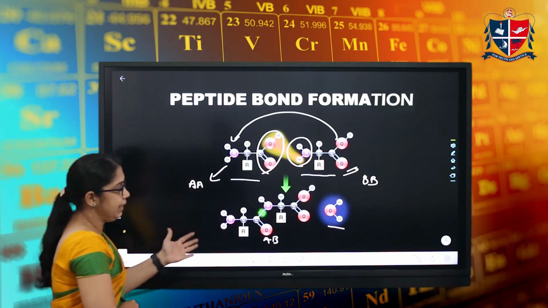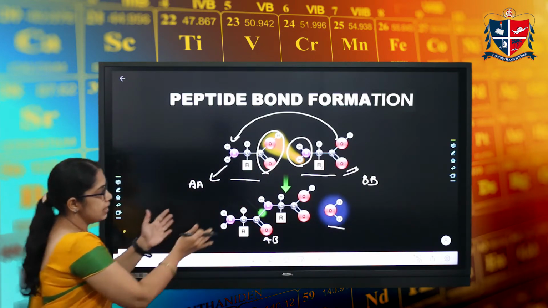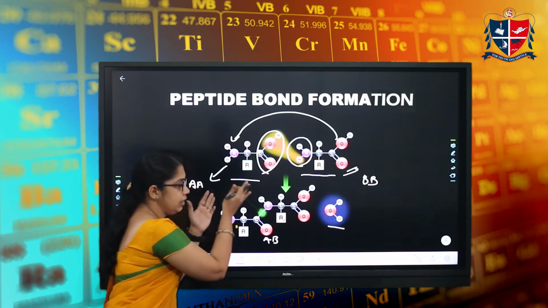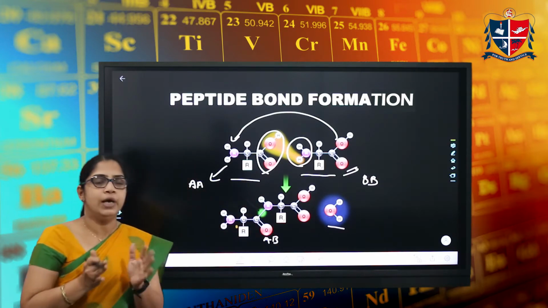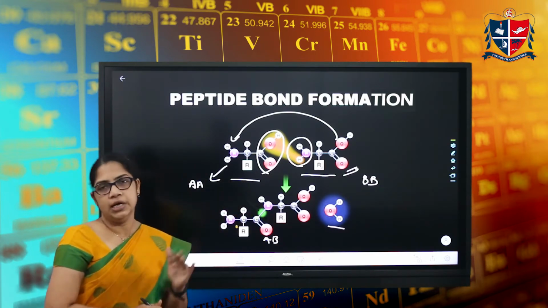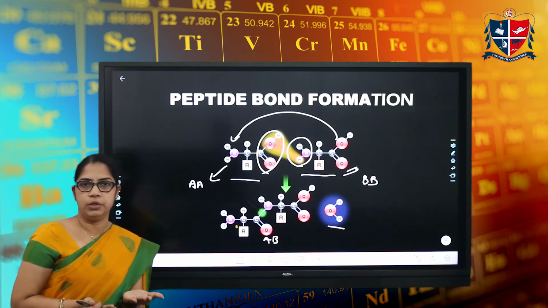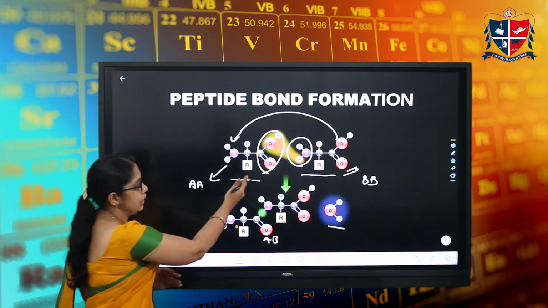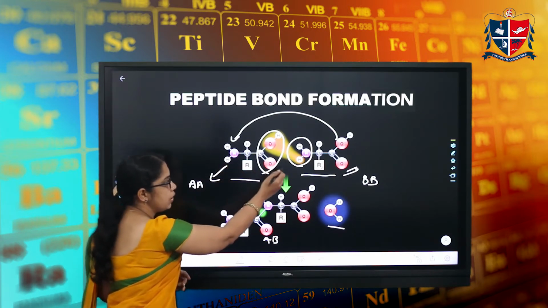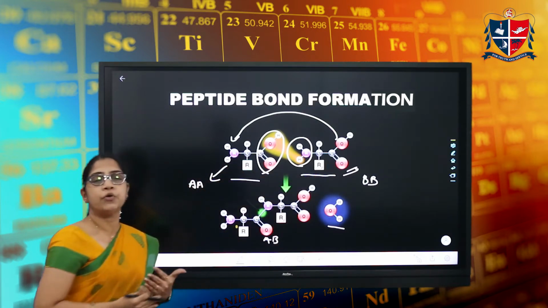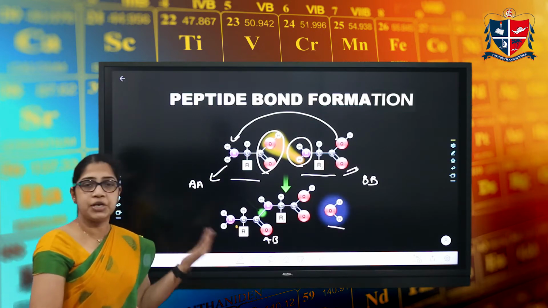That means in actual practice, this is not the only product we get after this reaction. Other byproducts can also be formed because there are different active groups. Here there is NH2 and COOH, here also NH2 and COOH. There are a number of active groups, so a number of reactions are possible.